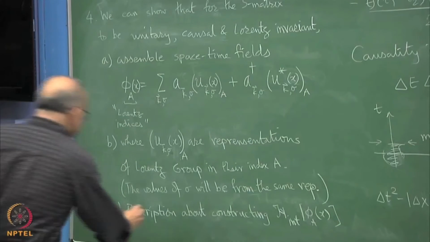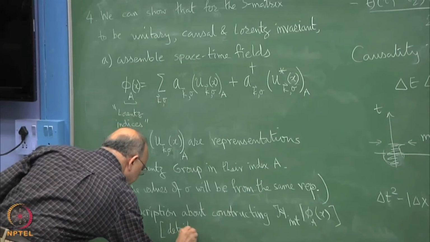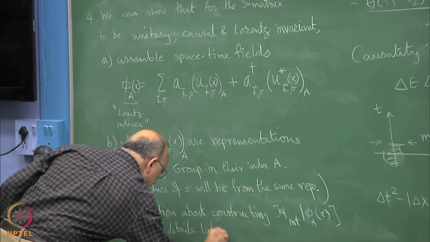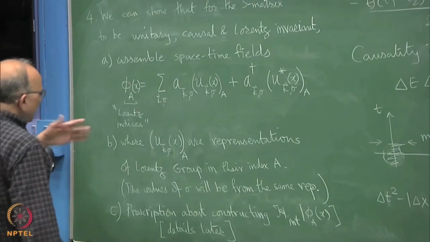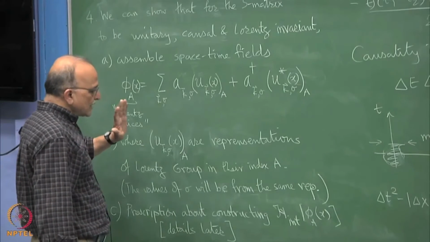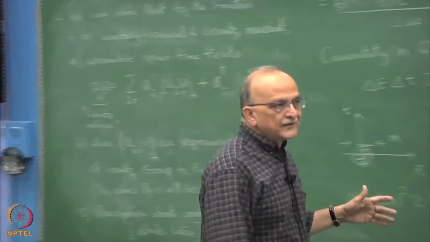So if you will remind me, I will tell you when we get to that point. But the point is that in this way of doing things, you never write the free wave equation.